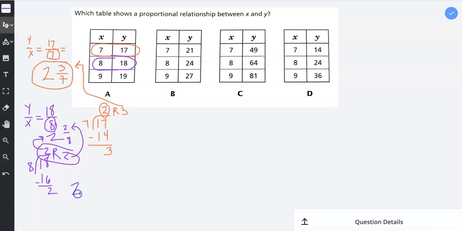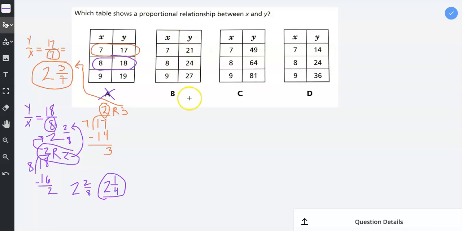Now 2 and 2/8 can be reduced to 2 1/4. And now I can compare. Is 2 1/4 the same as 2 3/7? Well, 3/7 can't be reduced anymore. 1/4 can't be reduced anymore, and 1/4 is not the same as 3/7. So A is not proportional because this unit rate is different than this unit rate.